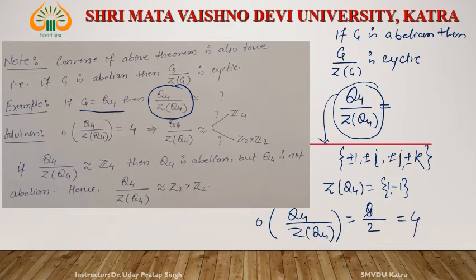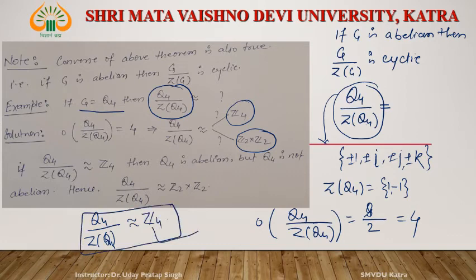Then this Q4/Z(Q4) is either isomorphic to Z4 or isomorphic to Z2 cross Z2. Now, if this Q4/Z(Q4) is isomorphic to Z4, then what happens?